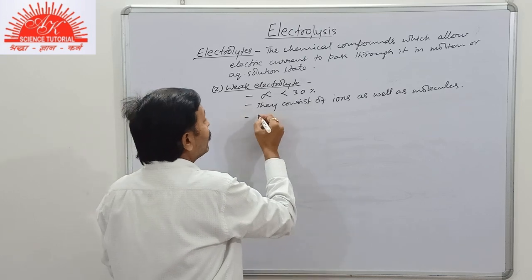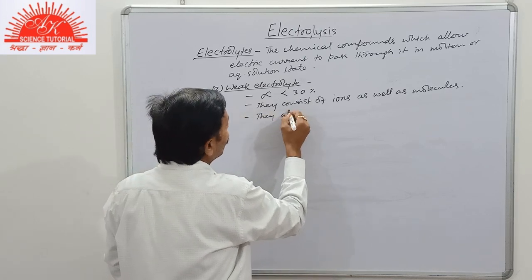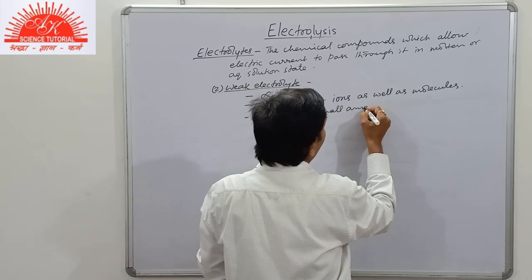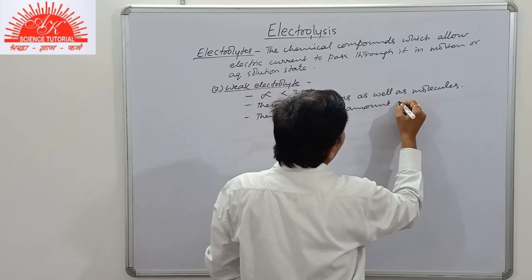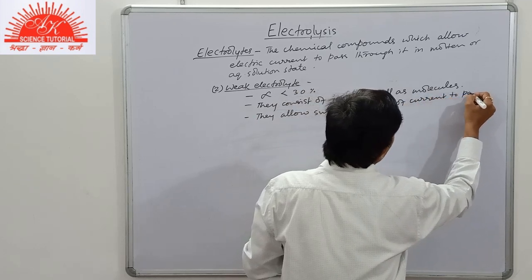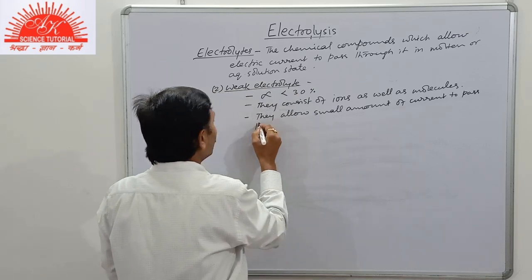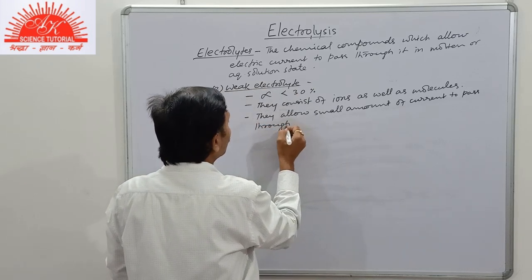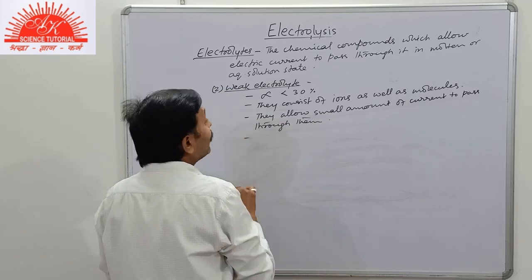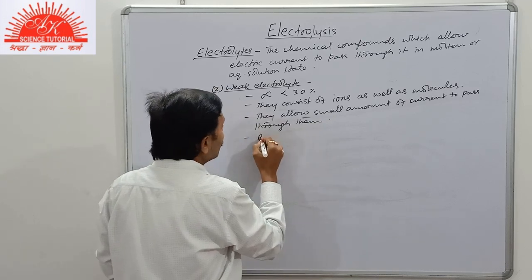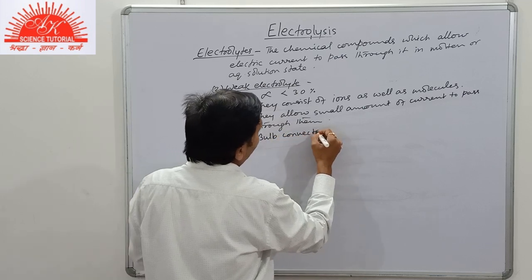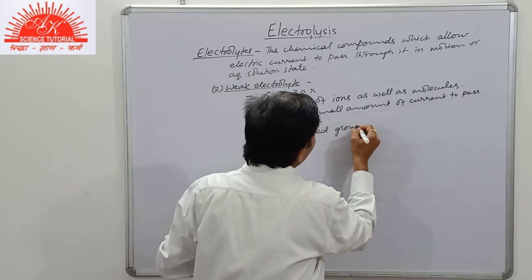Now they allow a small amount of current to pass through them, and finally we can write that the bulb connected glows dim.